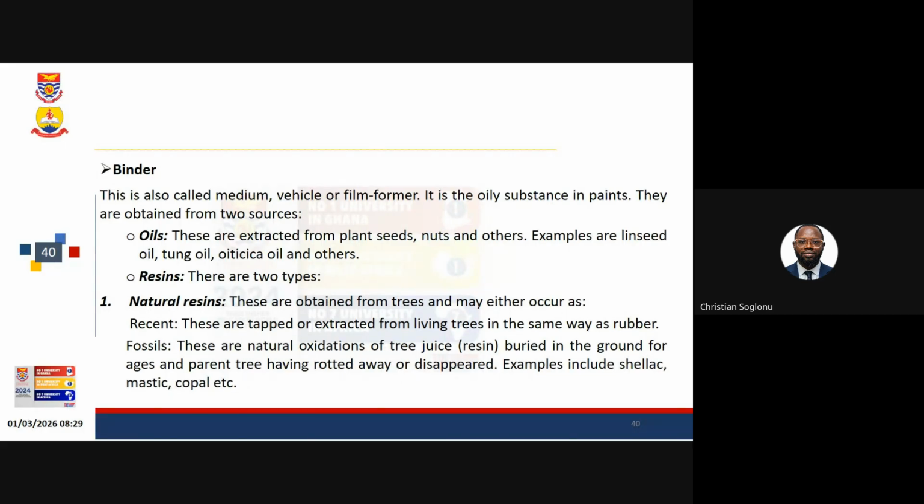So if you use it on your support, you get that film former look, as if it has been coated with a plastic something, because there's plastic resin or natural resin added in it to bind those pigments in the paint. That is why you're having the film former.